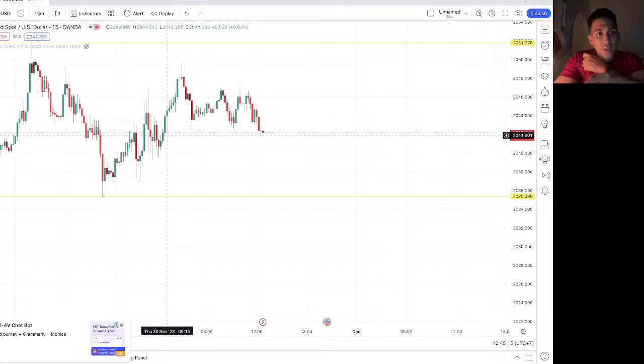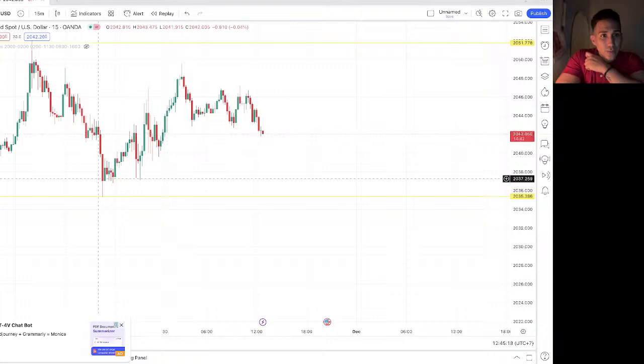So it's not clean candles like this. Actually, you can feel the range.